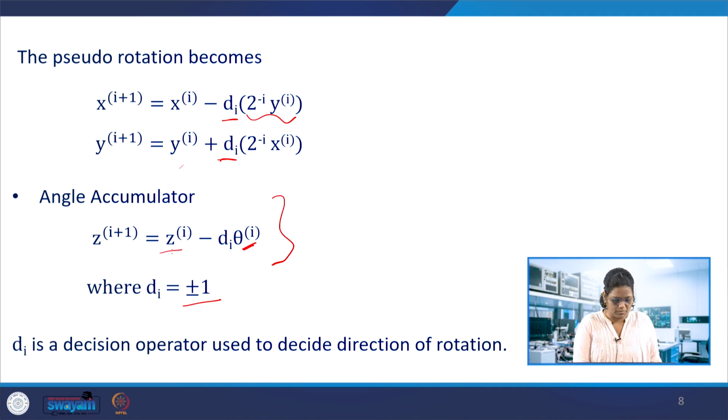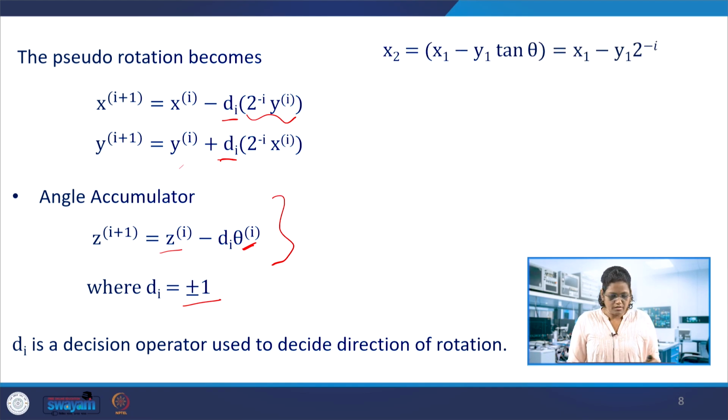Here zi gives the angle accumulated so far, that is, how many rotations have been taken during the iterations. So it is called the angle accumulator. These three equations are given for Cartesian coordinates, and this can be generalized to other coordinates so that other functions are possible to get from the CORDIC.